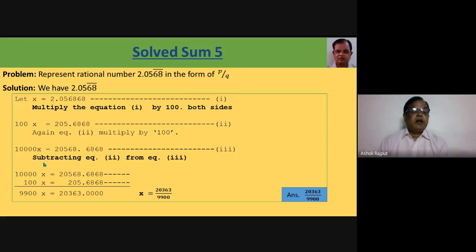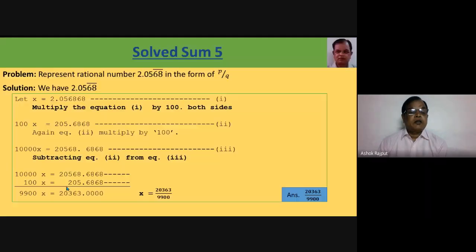So subtracting equation 2 from equation third. So we will write the third equation first, 10,000 x equal to 20,568.6868 up to infinite. 100 x equal to 205.6868 up to infinite.